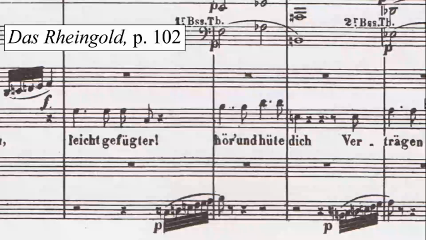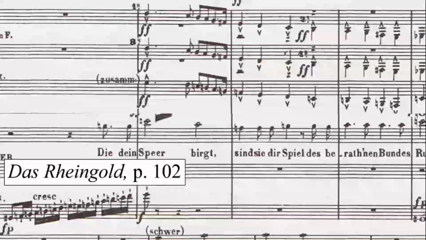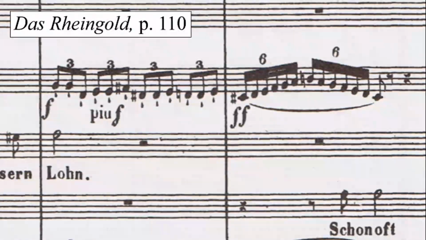Fasolt's outrage over Wotan's attempt to renege on their bargain is fraught with scalar lifts similar to those in Fricka's opposition, one of them directly opposed by the spear itself, while the syntax expressing Donner's hammer swings as he opposes the giants consists of a scalar rise immediately opposed by descent.